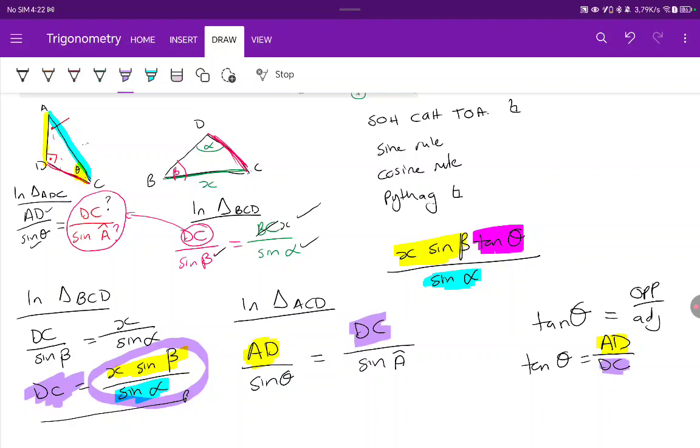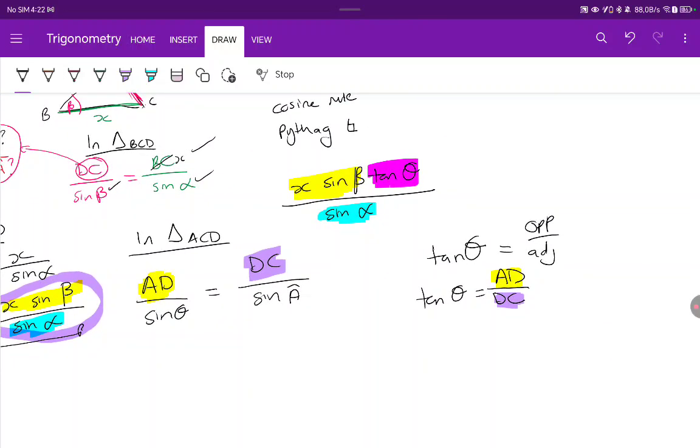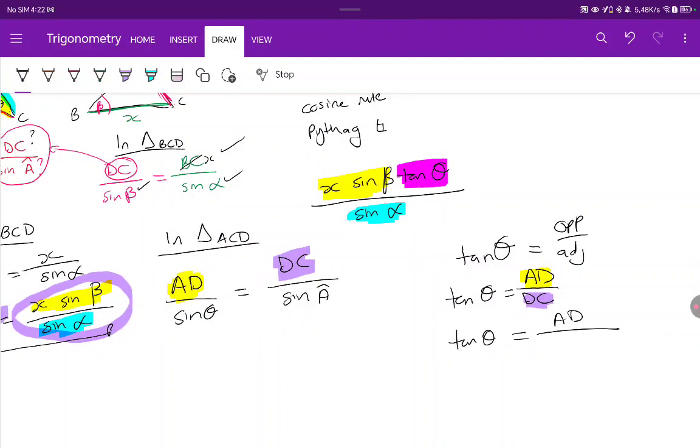Okay. So if I rearrange this, let's have a look. Still continuing with my thinking here on the right, I'm going to say tan of theta is equal to AD divided by x sine beta over sine alpha.